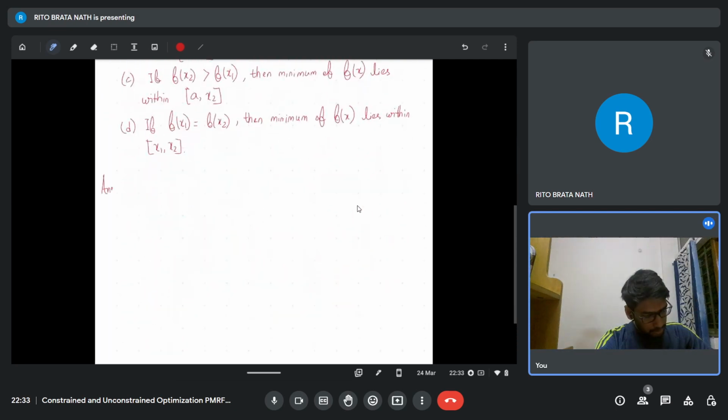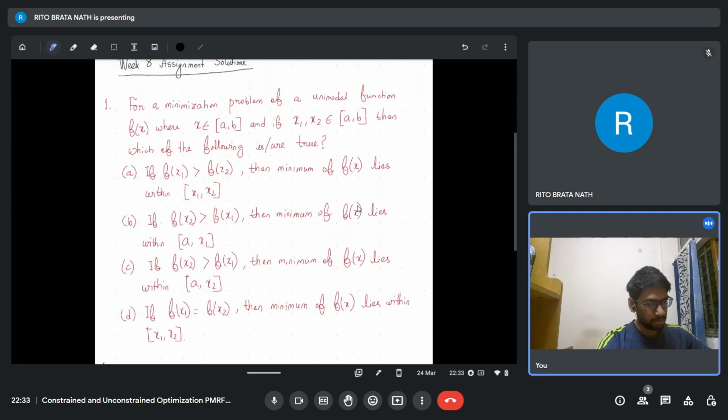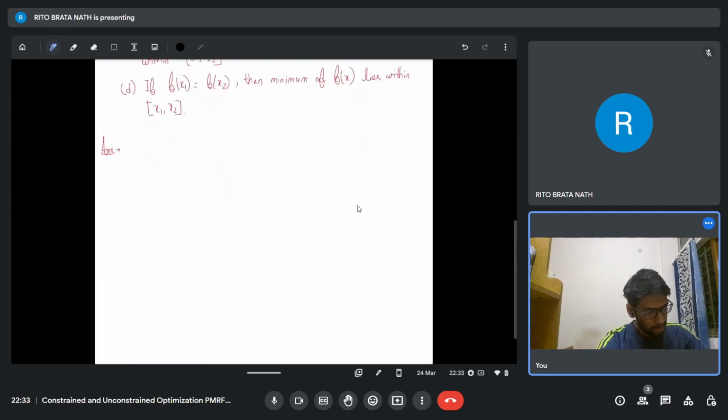Okay, so the answer. First, what you have to check is that you are solving a minimization problem of a unimodal function f(x). So let me draw the function. This could be the f(x), and this is x.